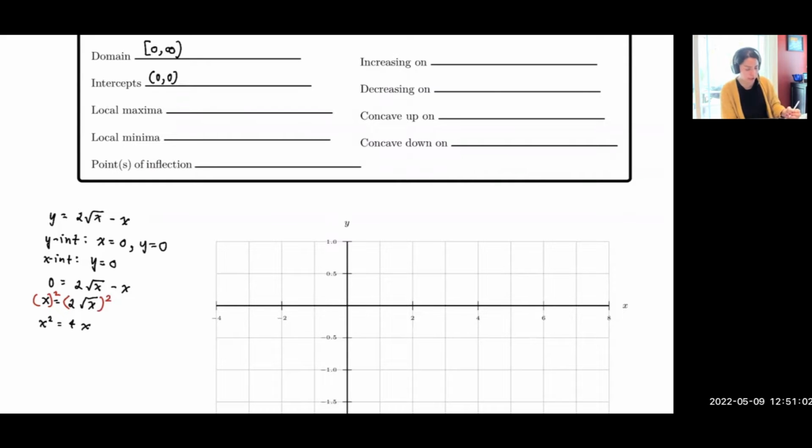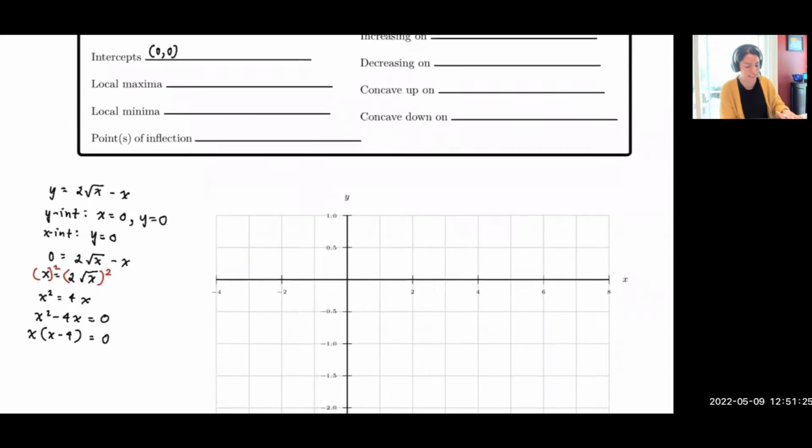And then at this point, I would be very careful here and not reduce anything by an x, because that's a variable and that can include 0 from our domain. We don't ever want to divide by 0. So maybe let's move 4x also to the left and then factor a GCF of x: x times (x minus 4) is equal to 0.